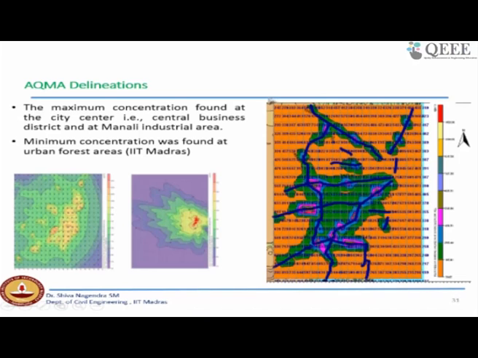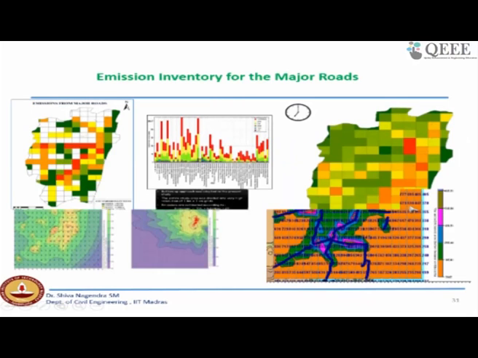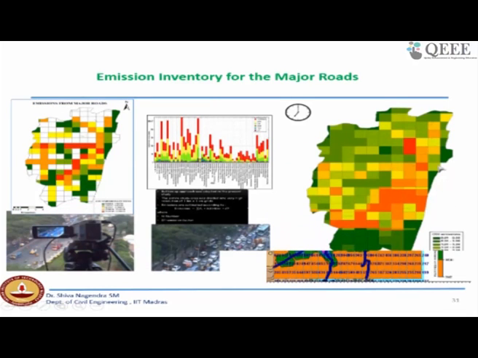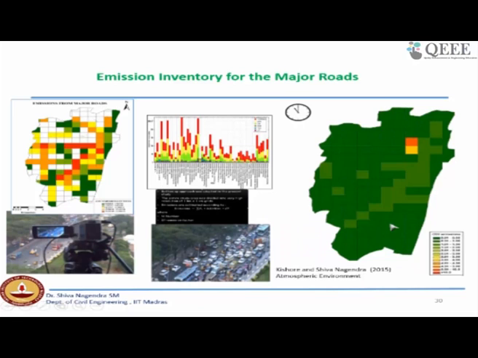Now the question comes: is the air quality for the entire city exceeding, or is it only some places? In that context, we have developed a modeling system. We have used AERMOD to predict the air quality across the city. Even this emission estimation indicates that not the whole city has bad air quality.